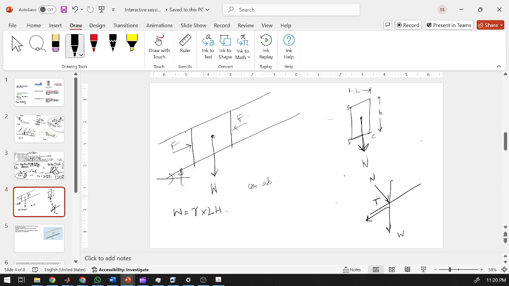The force perpendicular to this, the normal force, this is like beta, W. This will be W cos beta, and the tangential force will be W sin beta.